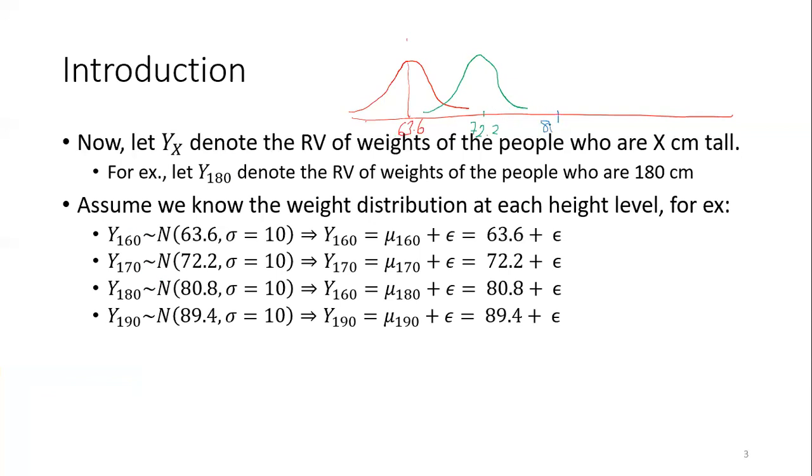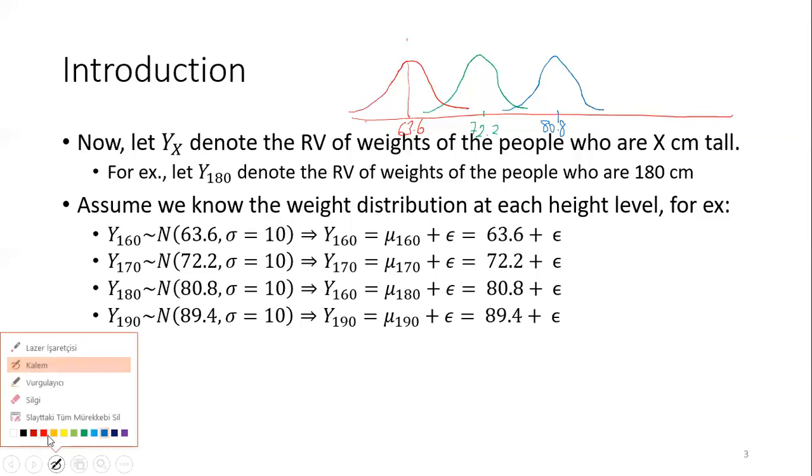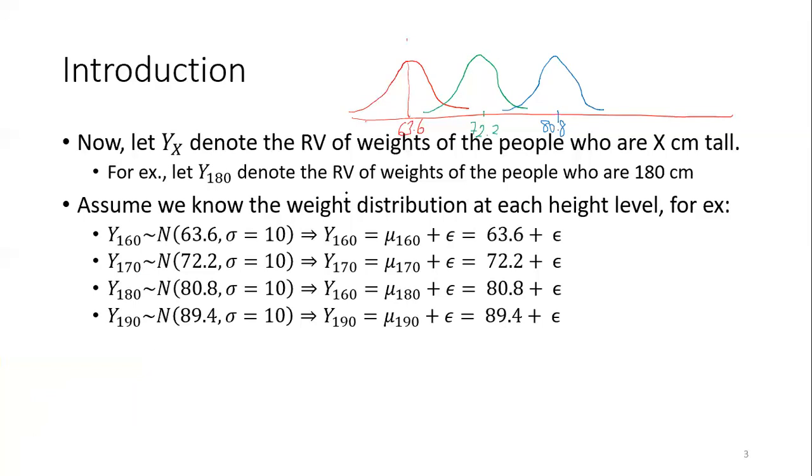This is 80.8, and this is the distribution of weight of people or students whose height is 180 centimeters. And finally, let me change the color to black. I have 89.4, and this is the distribution of people whose height is 190 centimeters.